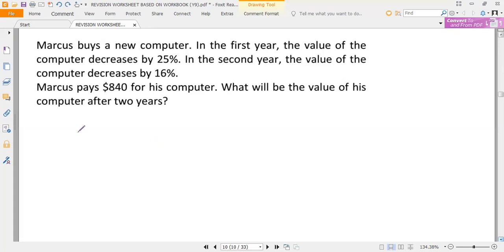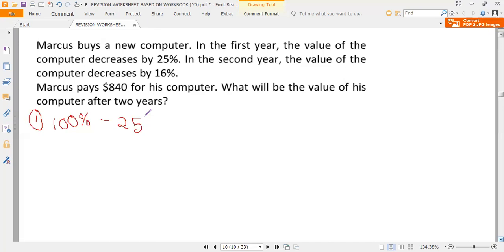So I want you to do this by simply jotting down numbers. If not, you can do it mentally. 100% was the original one. So the first year, 100% of the price decreases. Yeah, it decreases by 25%.